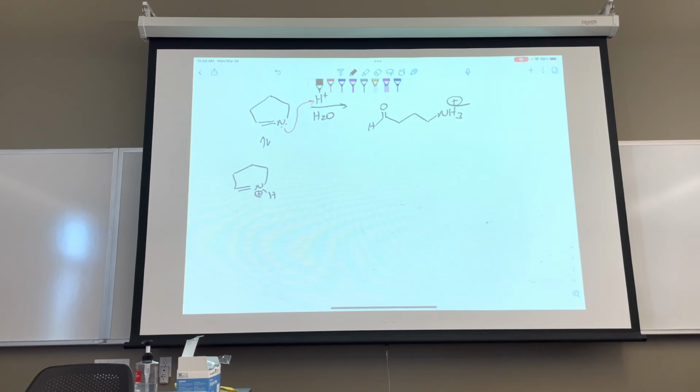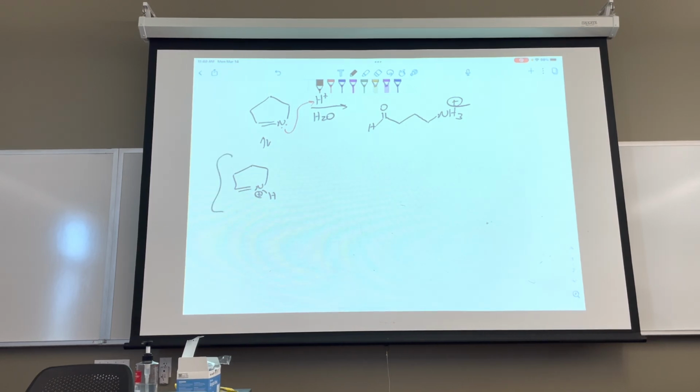So at this stage, you might not really know where to go next. If you ever encounter something like that where you're kind of stuck in a mechanism, what I would recommend you do is draw resonance structures. Sometimes that can really be a help in terms of pointing you in the right direction.